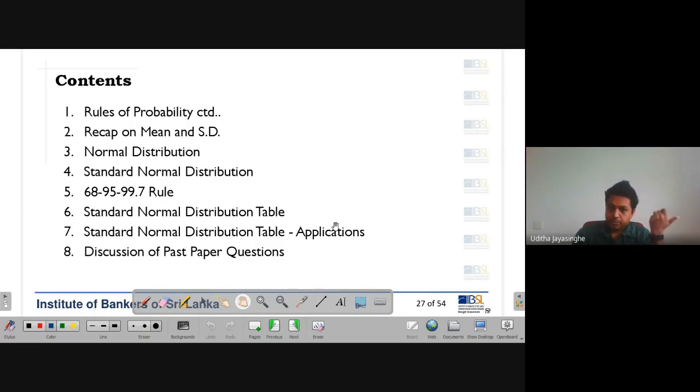But in reality, students, when this company is producing these shoes, due to various reasons, that exact number will not be the number that we are anticipating. There may be a range, plus or minus 5%, plus or minus 1 millimeter, 2 millimeters.